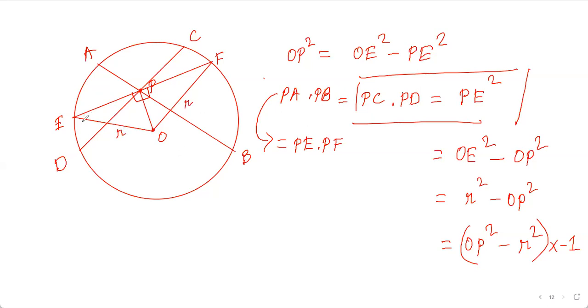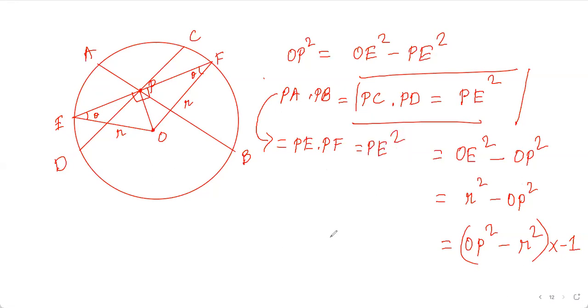And so these two angles will also be equal, theta, theta. And OP is common, so these two triangles are congruent, right? So P is the midpoint. These basic things you should be knowing. So this is equal to PE square then.